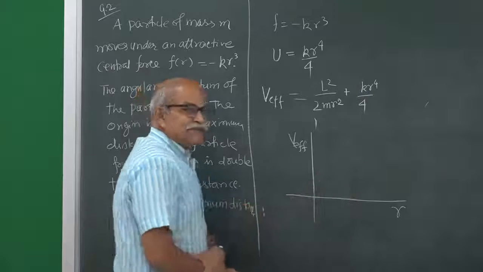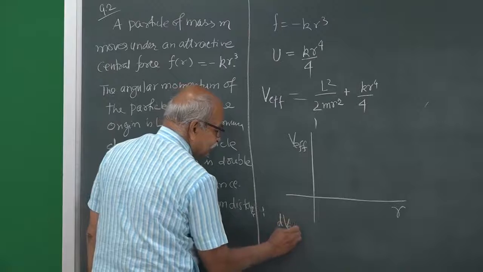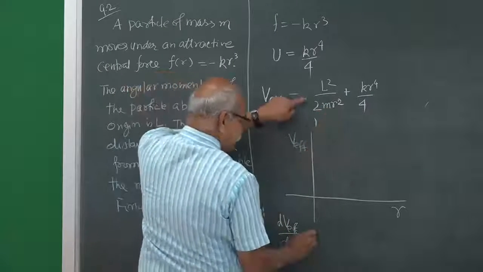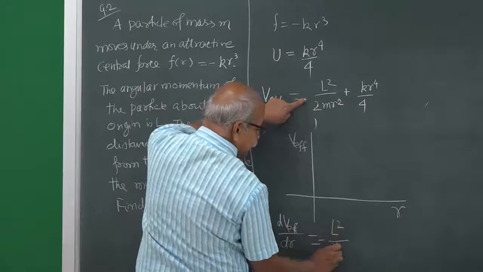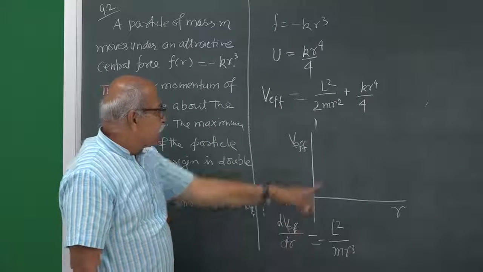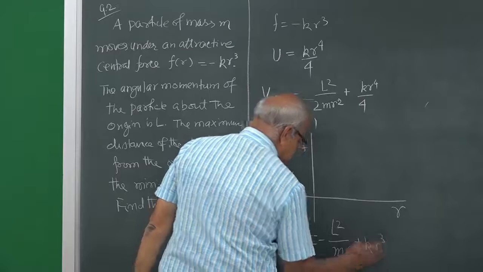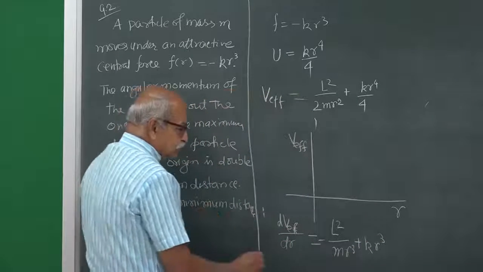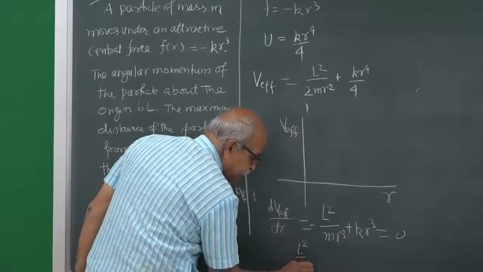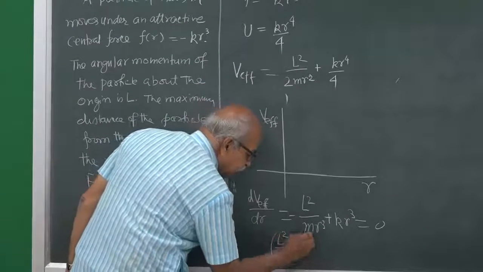What happens in between? So, look for the maxima and minima of V effective, by differentiating with respect to r. If you differentiate, you have minus L square by m r cube, and then plus k r cube. If it is 0, then you get L square by m k equal to r to the power 6.